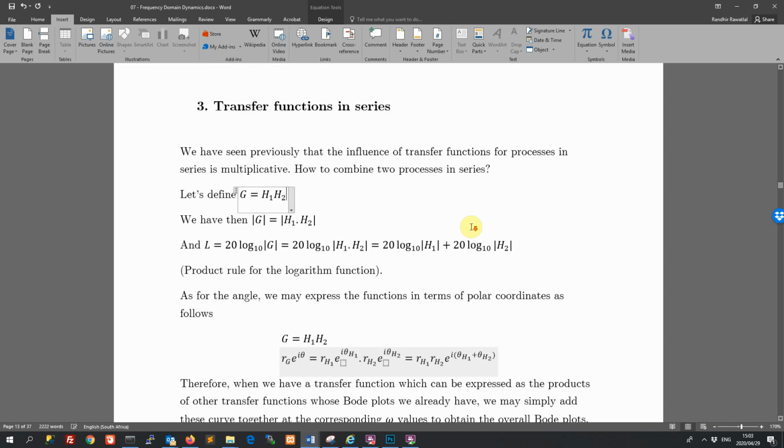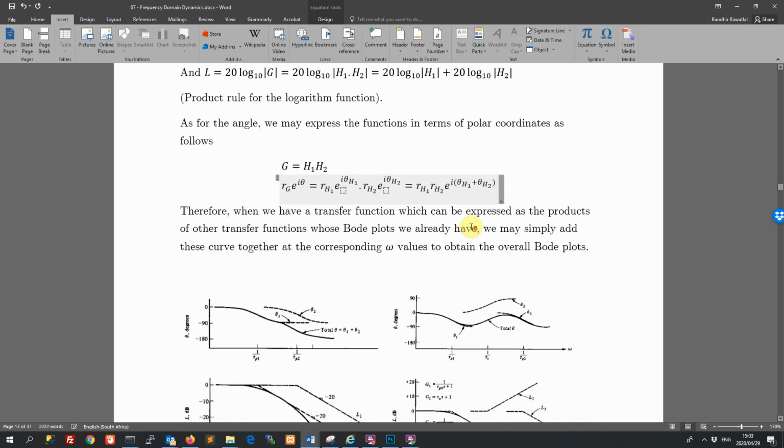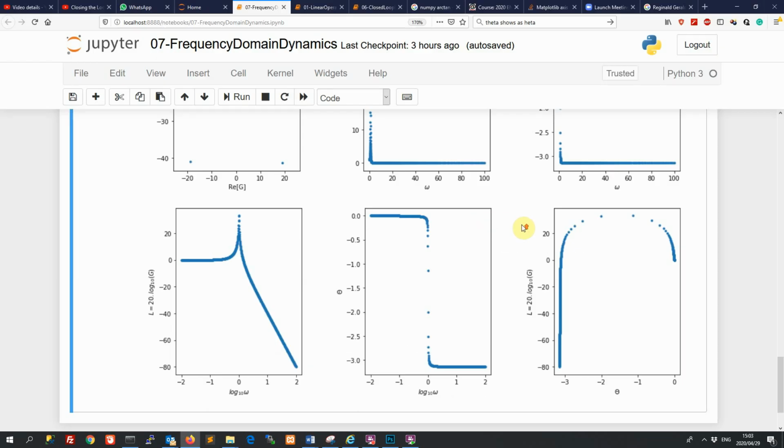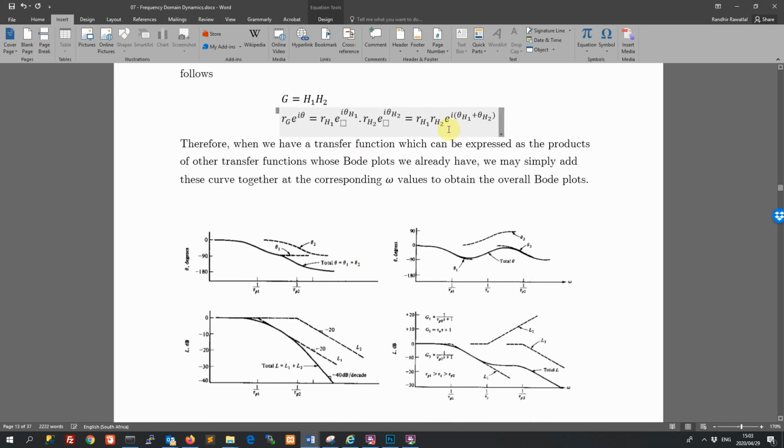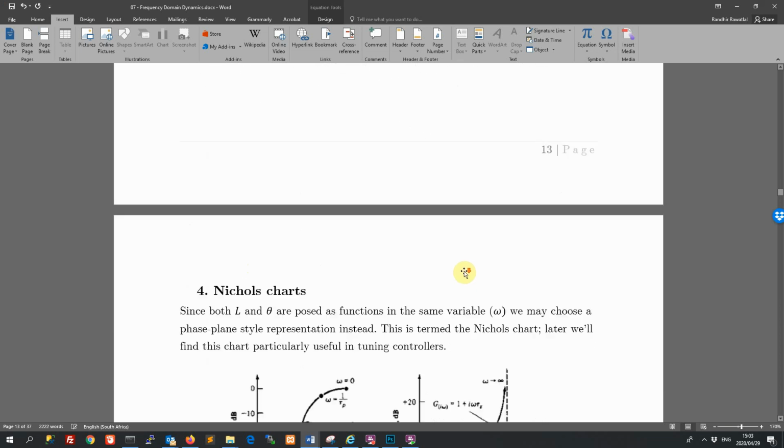So that's one of the great advantages of Bode plots. So once more, the Bode plot is where we plot L against log of omega and theta against log of omega. So that pair is a Bode plot. And if we have individual transfer functions, then we can just add them together and get the overall transfer function. And then from looking at that, we can think about whether or not we are going close to the -1, 0 point. So some of that is shown here.